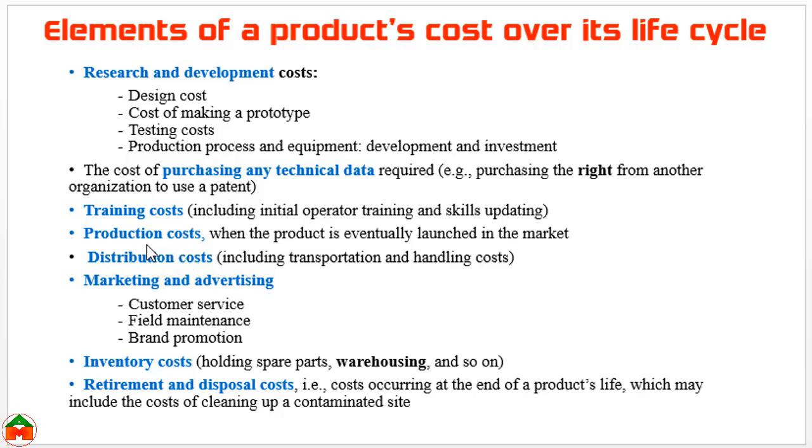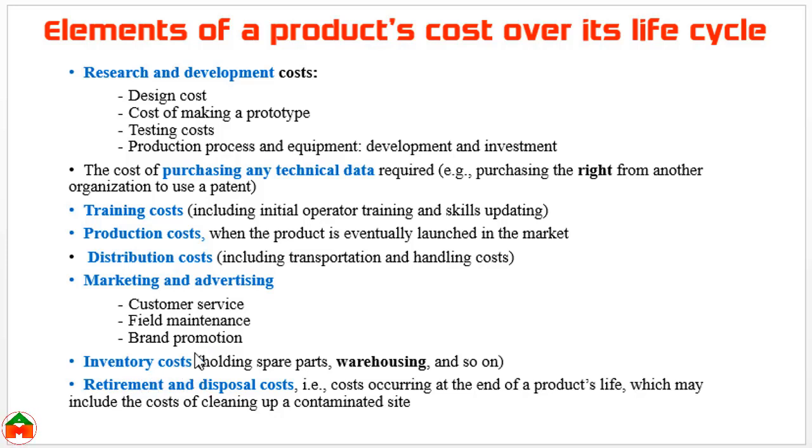Then production cost when the product is eventually launched in the market. After that, we need to spend distribution cost. It includes transportation and handling cost. After that, we can see marketing and advertising costs such as customer service, field maintenance, brand promotion, etc. Then we can see inventory cost.